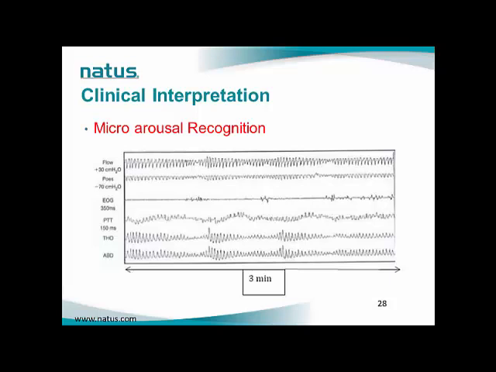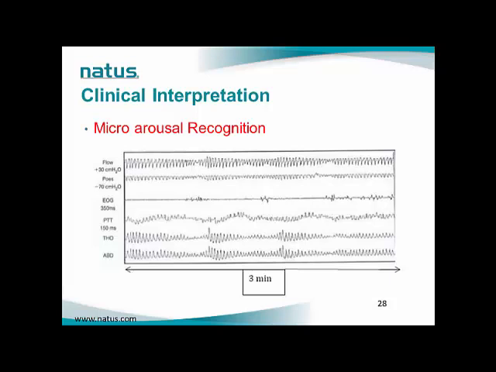In analyzing the trace when blood pressure is not monitored, the only tool used to identify the microarousals is to observe a dip in the PTT amplitude for a duration of approximately 8 to 15 milliseconds during stage 2 sleep.